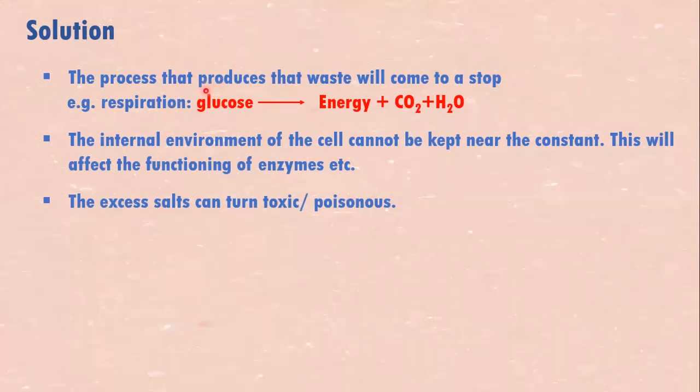You see, respiration breaks down glucose to produce energy, carbon dioxide, and water. This water is metabolic water. The carbon dioxide, we know, is a waste that is taken out of the cell. But water is useful, isn't it?